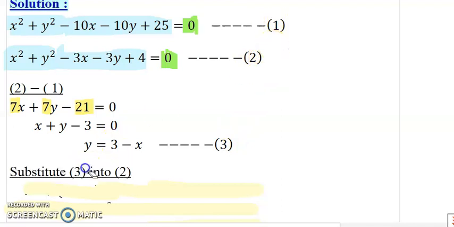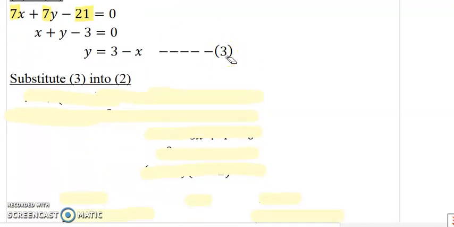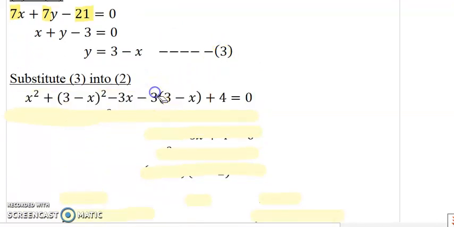Either one will do in this case. For example, I substitute the third equation into the second equation. All the parts with y, I substitute with 3 minus x, where originally it is y squared and 3y. Then we expand the quadratic.